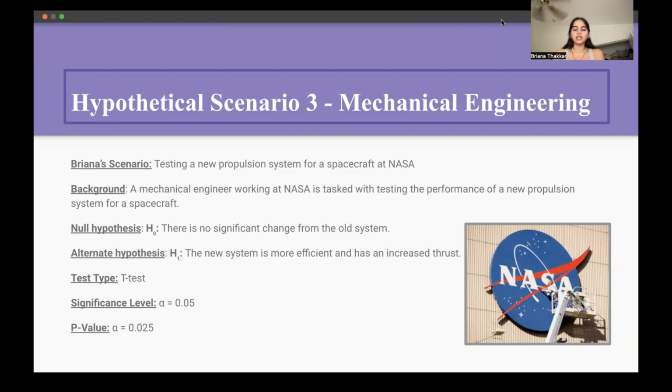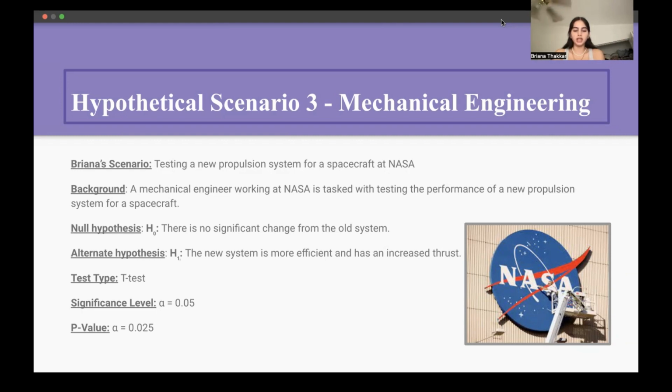What that states is there is a less than 5% likelihood that the data would be seen if the null hypothesis were true. So the p-value that was determined from this hypothesis test is 0.025.